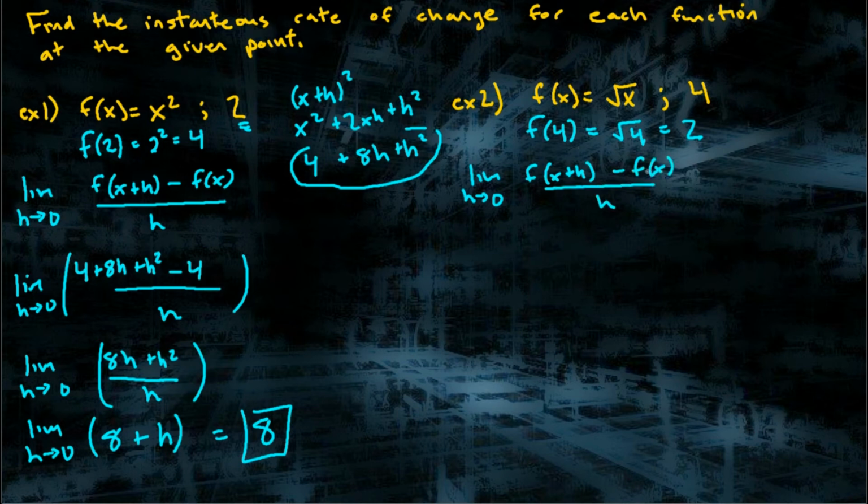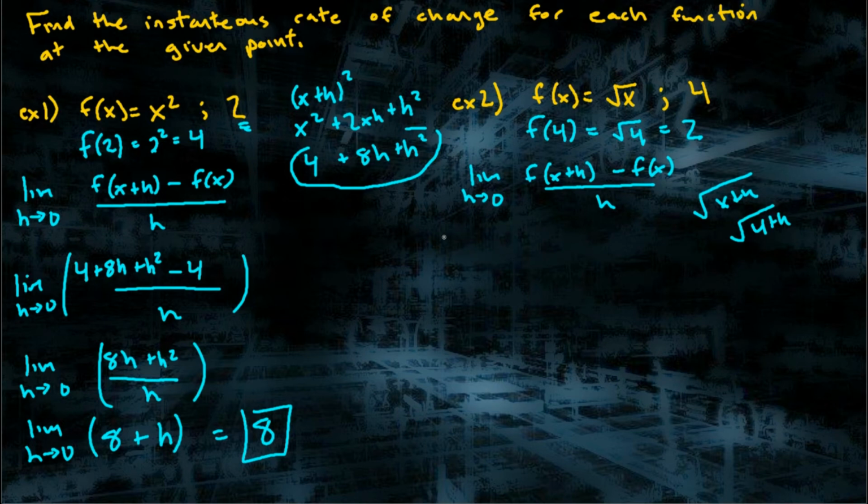Now I know f of x, that's 2. I need to find f of x plus h. So I'm going to put that in, and that's going to be square root of x plus h. Now I know where x is going, right? x is at 4, so that's going to be square root of 4 plus h. So this one's going to be tricky to do, but we can do it.